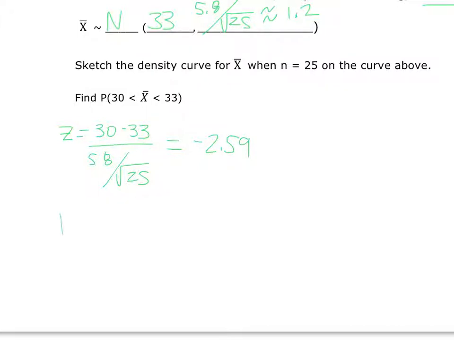So this is the probability that z is between negative 2.59 and 0, since 33 is still going to be 0 for the z-score. We start off with that 0.5, the area to the left of 0, and then subtract off the area to the left of negative 2.59, which is 0.0048. And that's a probability of 0.4952.